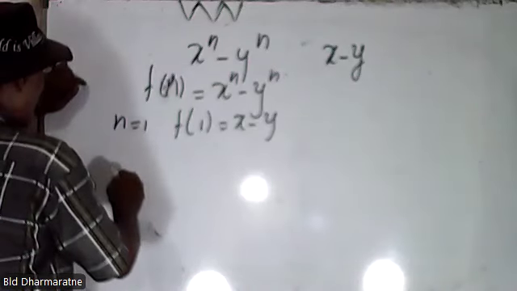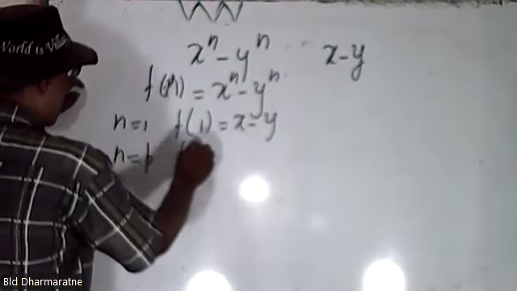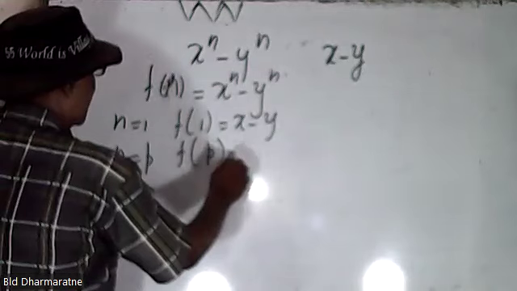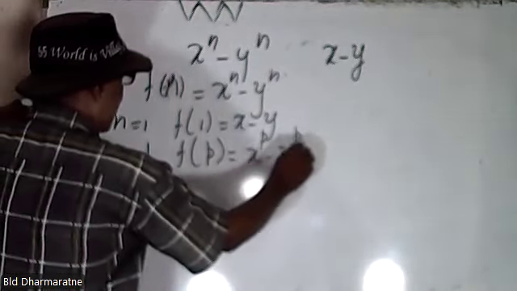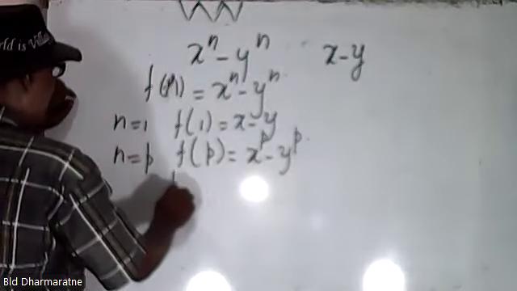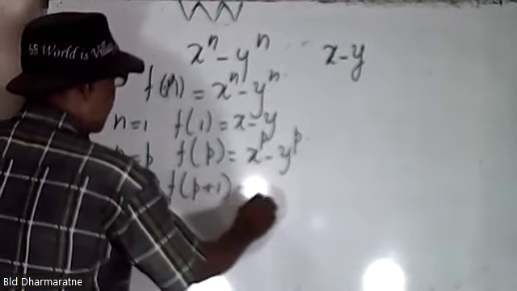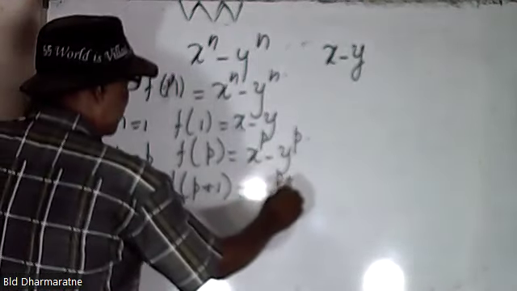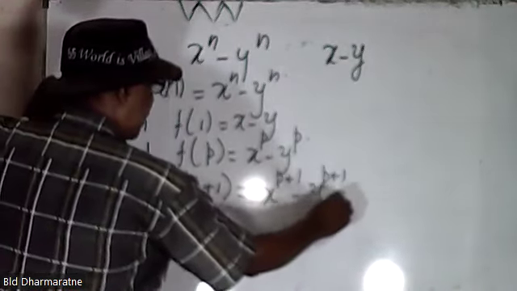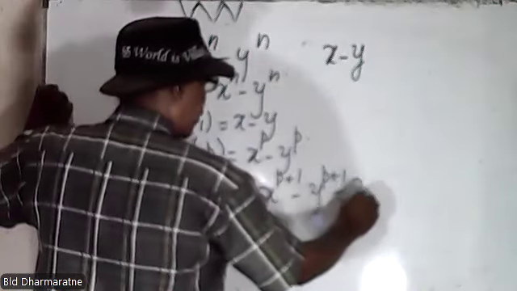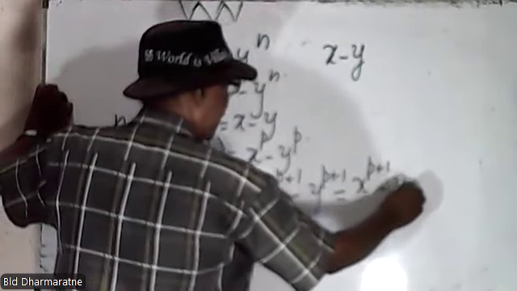Now we assume n equals p, this result is true: Fp equals x^p minus y^p. Now we get Fp plus 1 equals x^(p+1) minus y^(p+1). This can be written as x^(p+1) minus y times y^p.